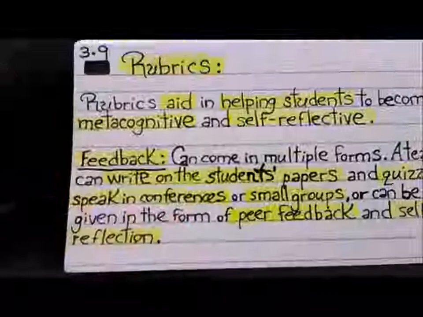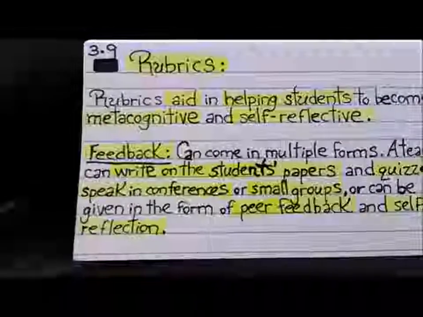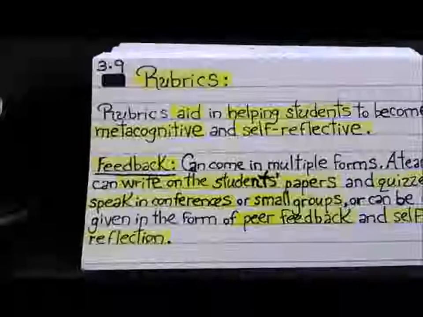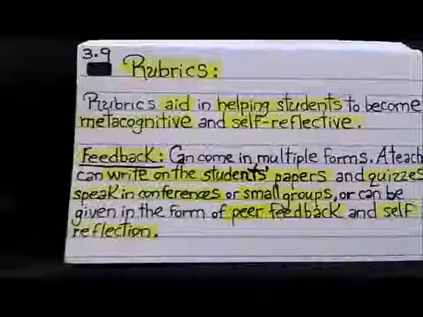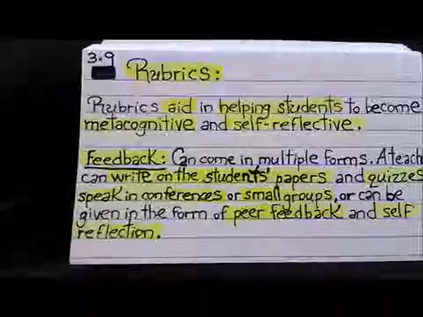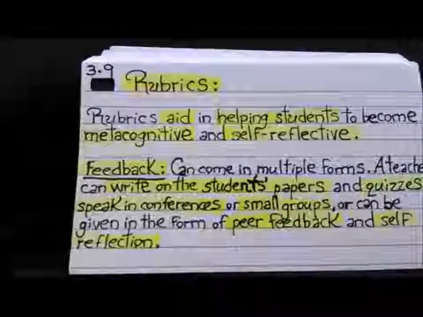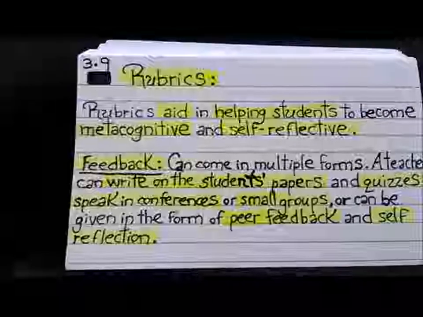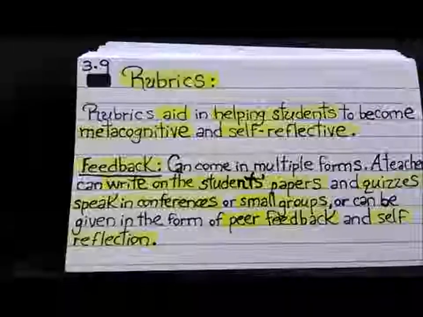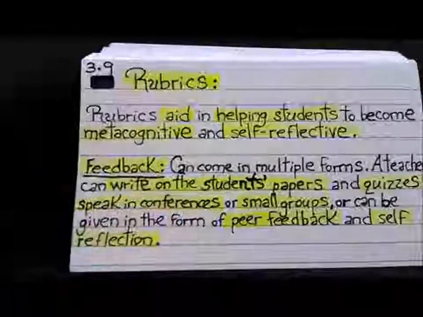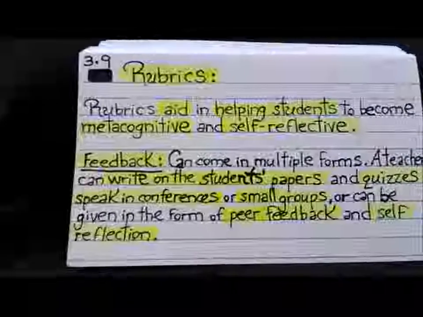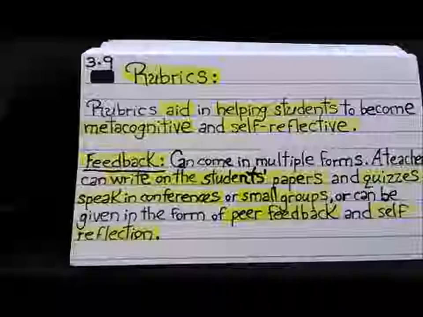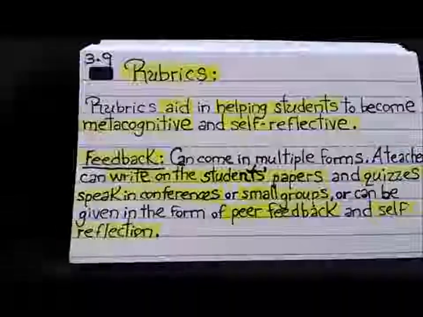Rubrics. Rubrics aid in helping students to become metacognitive and self-reflective. Feedback can come in multiple forms. A teacher can write on the students' papers and quizzes, speak in conferences or small groups, or feedback can be given in the form of peer feedback and self-reflection.